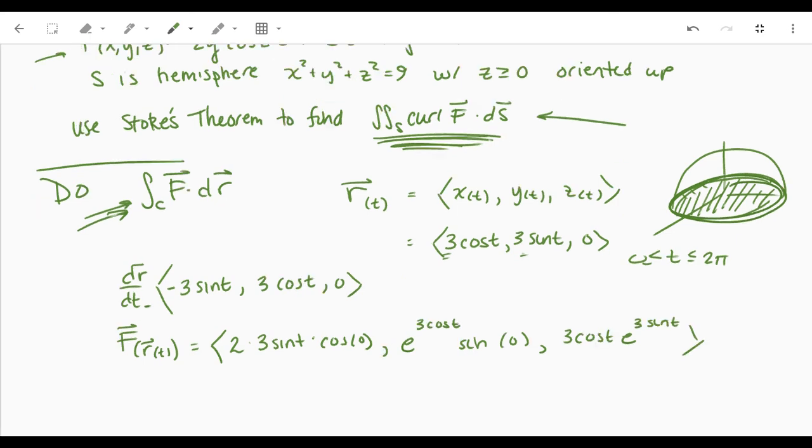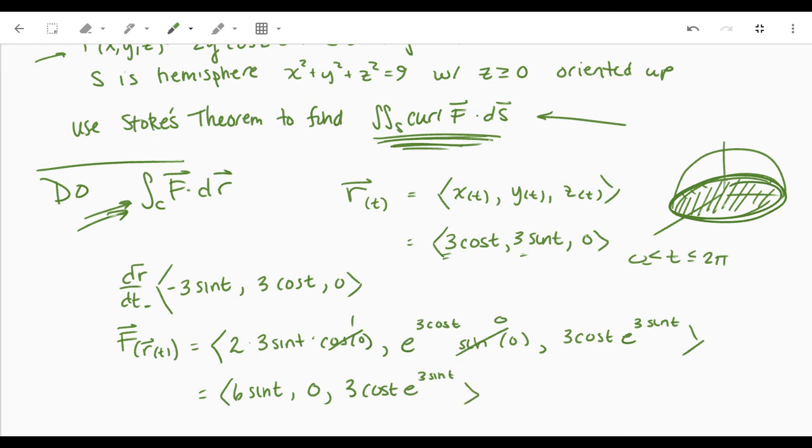So we're going to have cosine of 0 is 1, sine of 0 is 0. Okay, so we're going to have 6 sine t, 0, and then 3 cosine t times e to the 3 sine t.